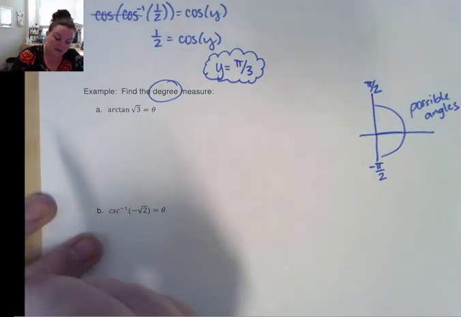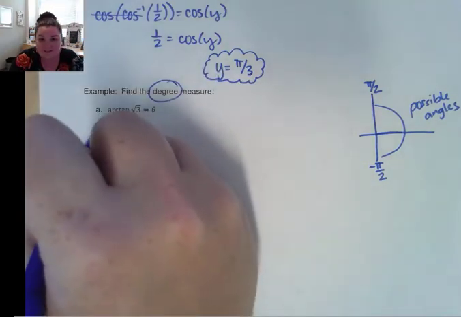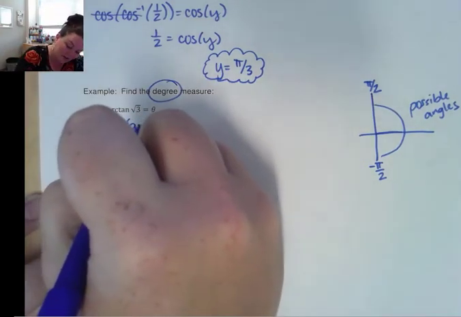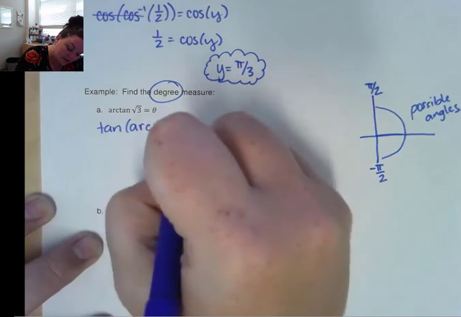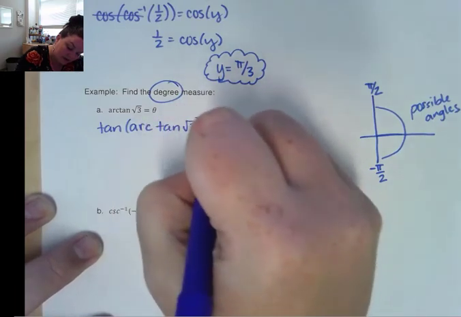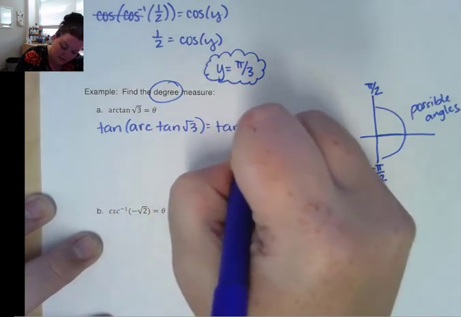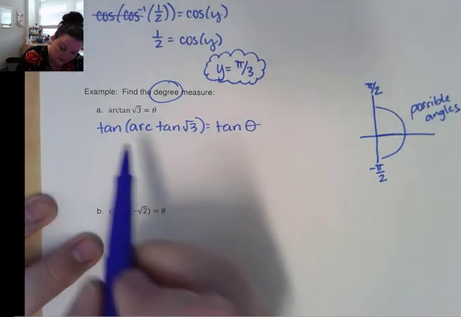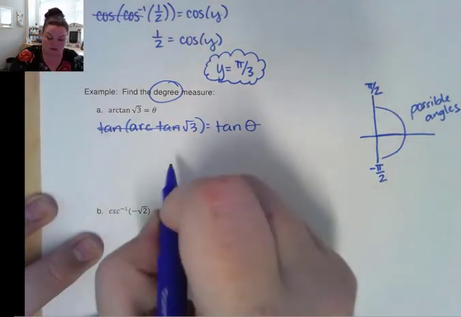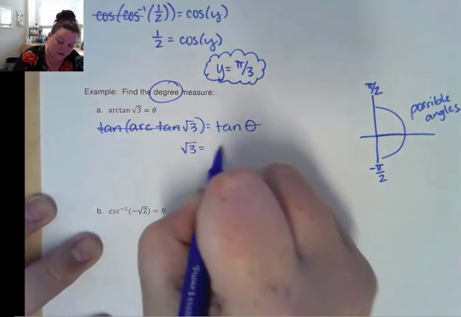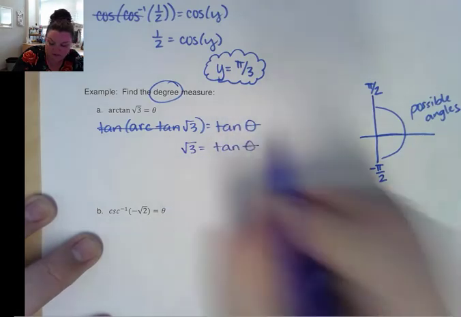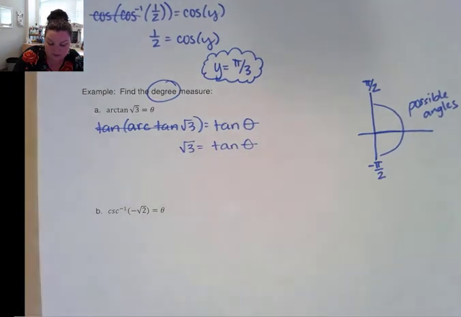All right. So to get rid of arc tangent, we're going to take our regular tangent value. So tangent evaluated at arc tangent square root of 3 is equal to tangent theta. Our tangent and our arc tangent cancel out, and we have square root of 3 is equal to tangent theta.